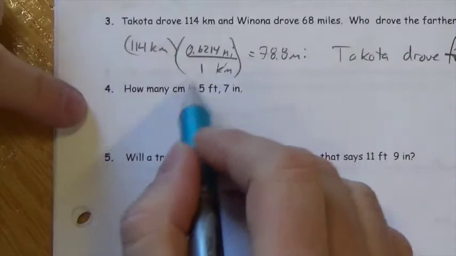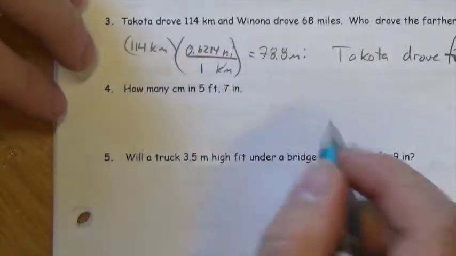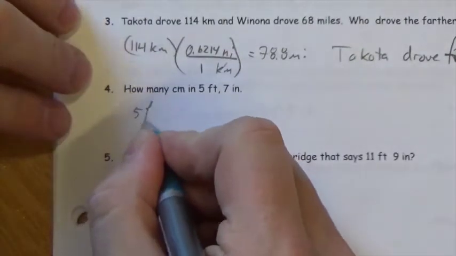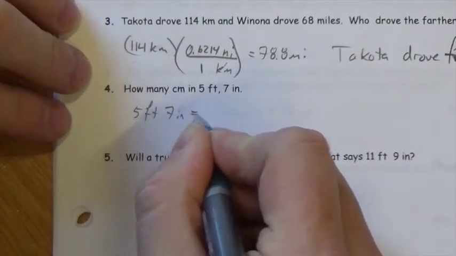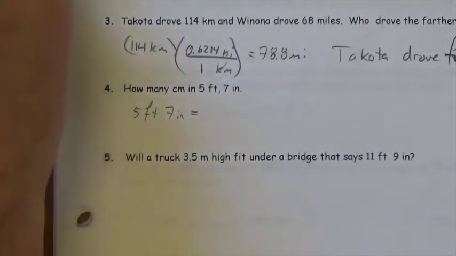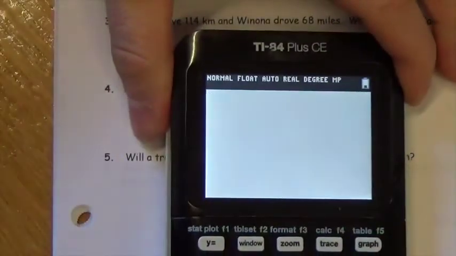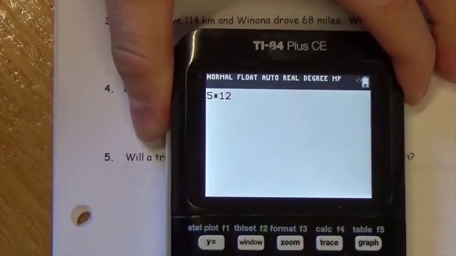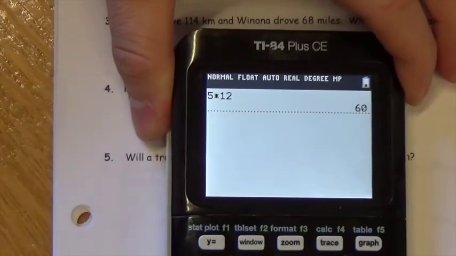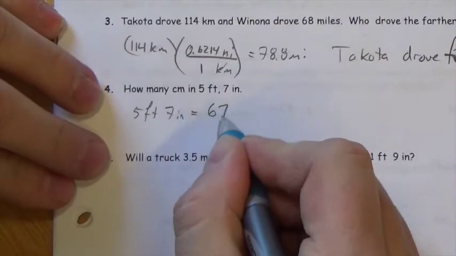It's easier to convert inches into centimeters. So let's convert 5 feet 7 inches first into just inches. I multiply 5 by 12, because there are 12 inches in every foot, so that's 60 inches, with an additional 7 left over, so 67 inches.